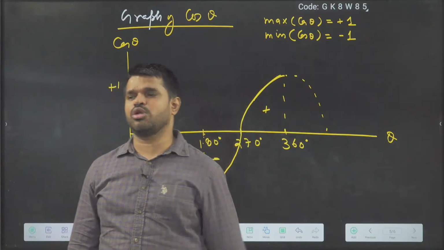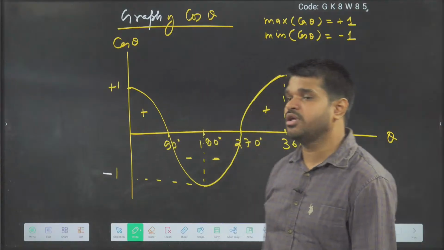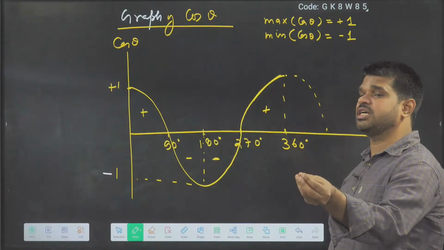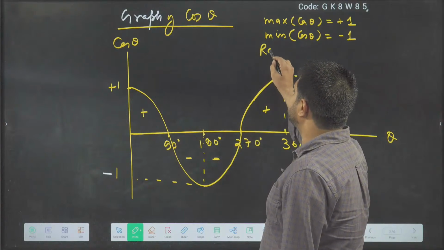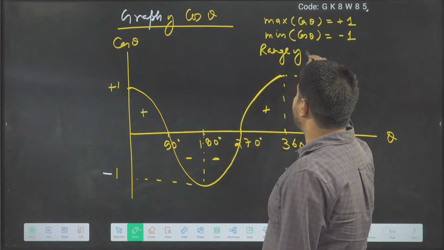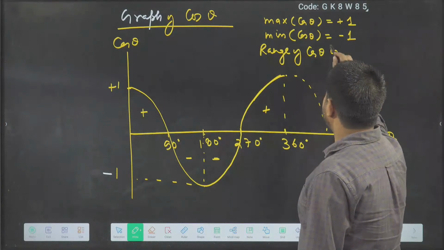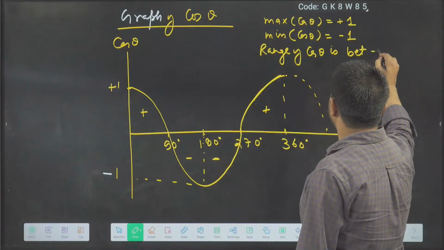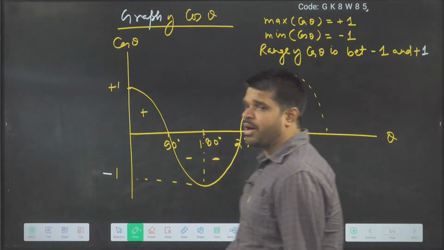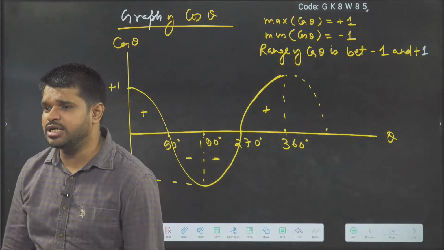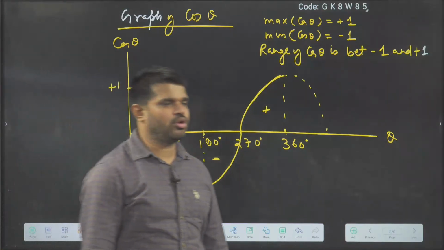So range of cos theta is between minus 1 and plus 1. Maximum value is plus 1, minimum value is minus 1. Write it fast.